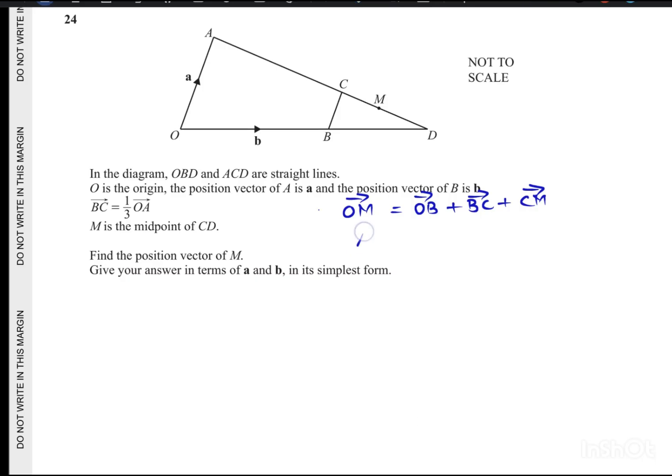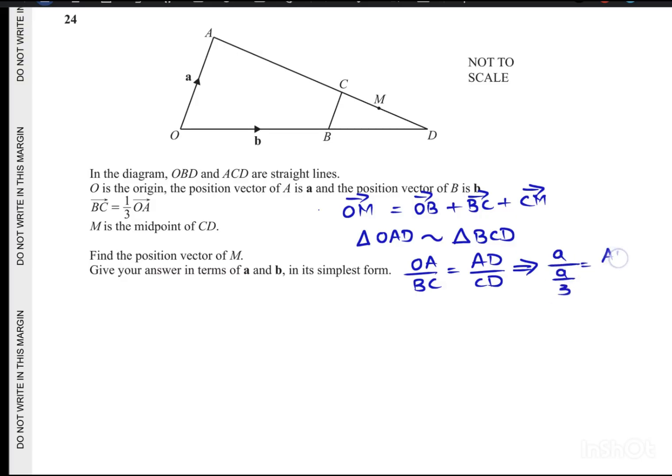So triangle OAD is similar to triangle BCD. So when these two are similar, you can take the sides OA by BC will be equal to AD by CD. This gives you OA is a and BC is a by 3. That will be equal to AD by CD.